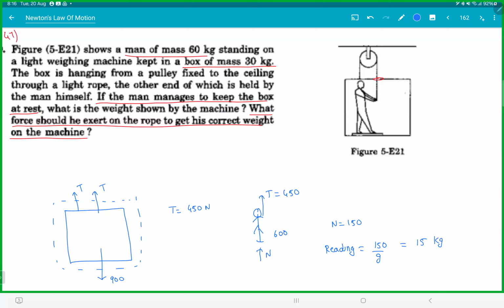The second part of the question, how much force should he exert so that he'll get the correct weight on the machine? Now try to understand, if he applies more force than this, the block will start, this whole system will start going up. He's not at rest.